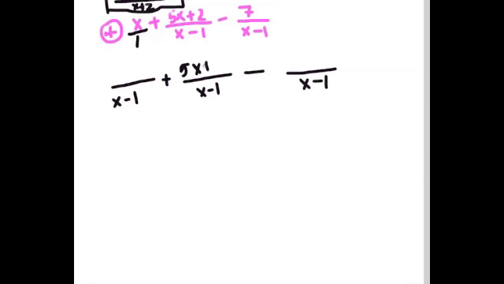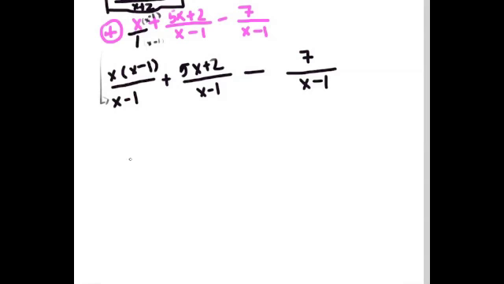So I can just recopy the numerator. So the only thing that's going to change is the first fraction. So to get from 1 to x minus 1, I had to multiply by x minus 1 like that. So on the top of that I'm going to have an x times x minus 1.